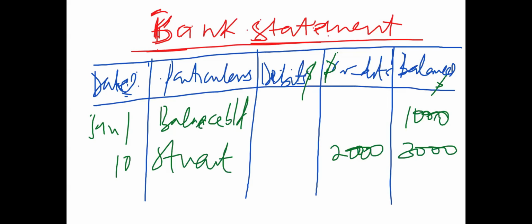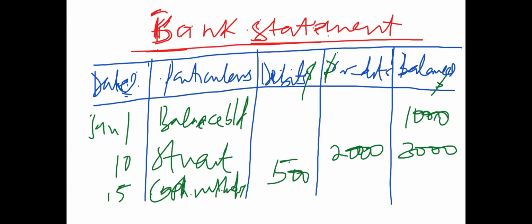Now, let's say we look at maybe on 15th and we withdraw, there is a cash withdraw. Cash withdraw, it's going to be on the debit side. Let's say we have withdrawn maybe 500. If we withdraw 500, the balance has to reduce. You will get the 3,000 minus the 500.